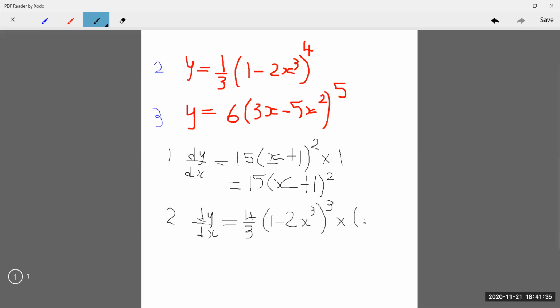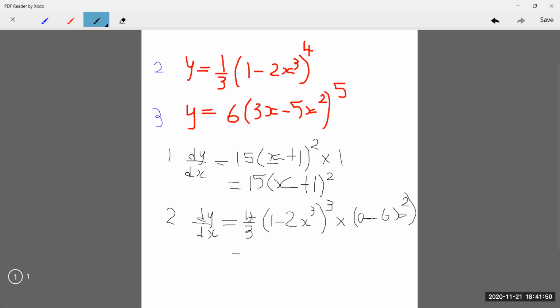Very good. Put a bracket, 0 minus 6x squared.